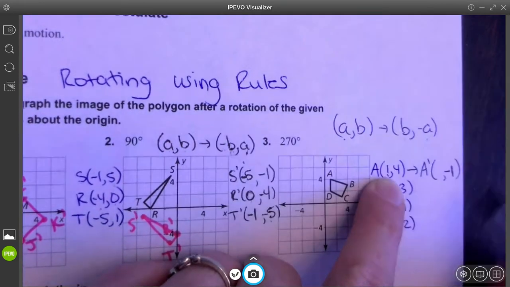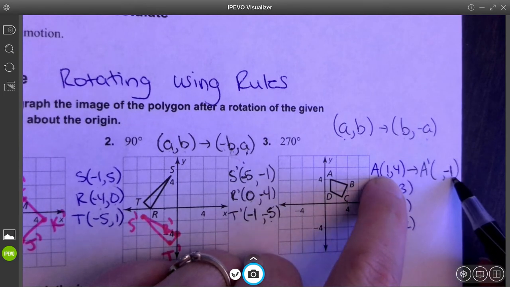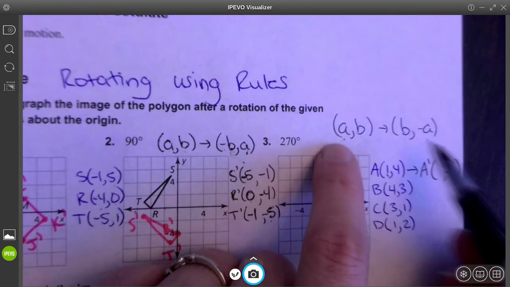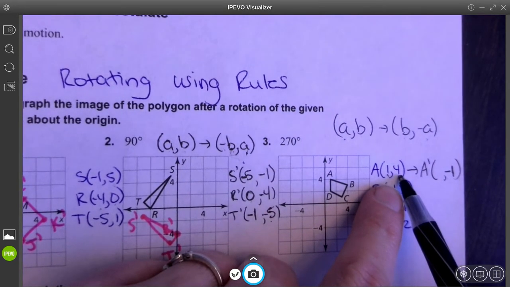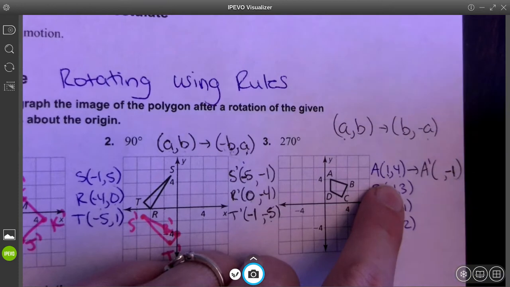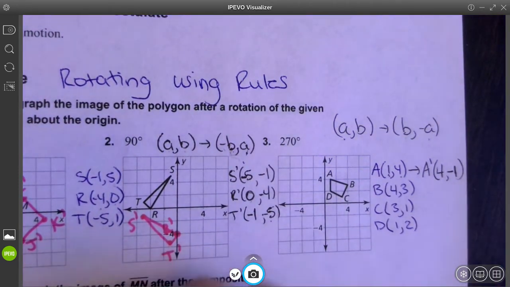So -1 is the y coordinate of my image point. Then the rule tells us that the y coordinate of my pre-image will be the x coordinate of my image. So 4 is the x coordinate. I'm going to go ahead and graph A prime at +4, -1.